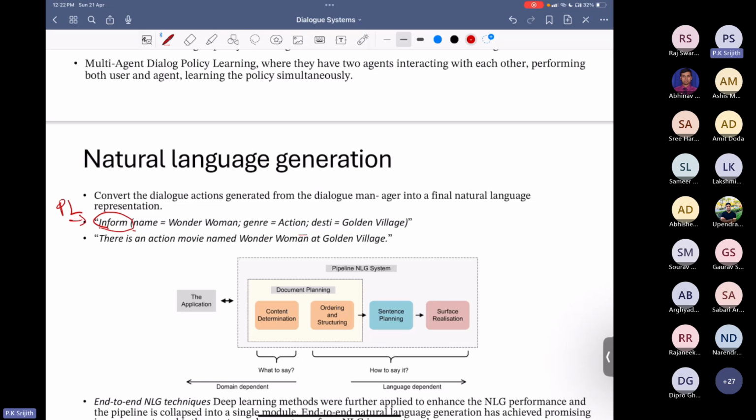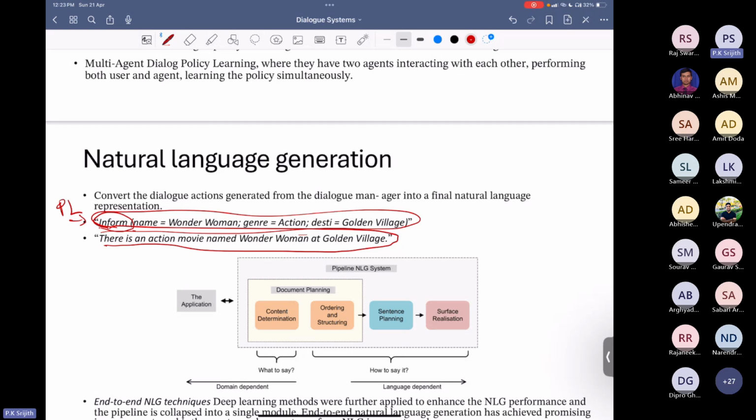The action basically means that you just inform the user, okay, there is a movie named Wonder Woman playing at the Golden Village. Based upon this input that the PL module provides to the natural language generator, the natural language generator has to generate a natural language sentence like there is an action movie named Wonder Woman at Golden Village.